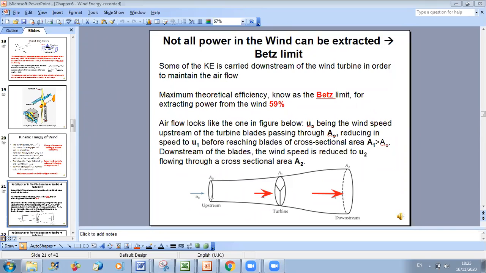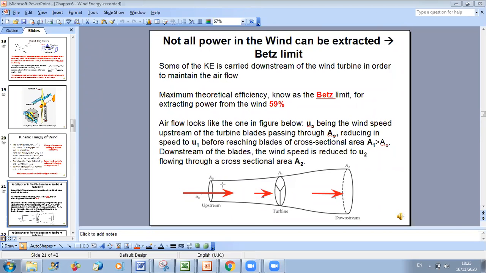So what is the idea here? The idea is that when we have wind going through the blades, we have an upstream velocity. The wind is coming, it will hit, let's say, a certain cross-sectional area A0.